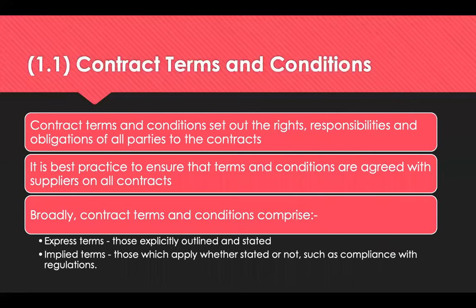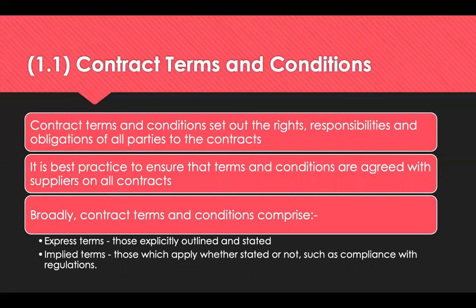Now, terms and conditions should be in place for all contracts. And much of the remainder of what we talk about today explains what needs to be contained within the contract document. So as I said earlier, it sets out the obligations, the rights, responsibilities of all the parties to the contract. And it's best practice to ensure that the terms and conditions are agreed with suppliers for all contracts.